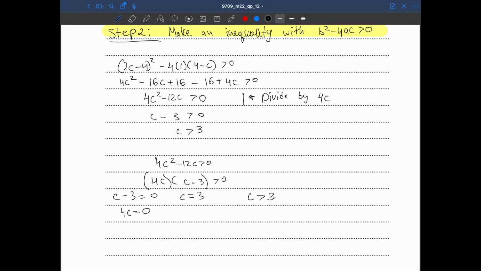But we should also remember that here we also get c equals 0. So we should do also c is less than 0, because we have a greater sign. A greater sign basically indicates that when we have two values, for example, let me show you visually. How do we set an inequality when we have two answers and the greater sign, like in the form b squared minus 4ac is greater than 0?